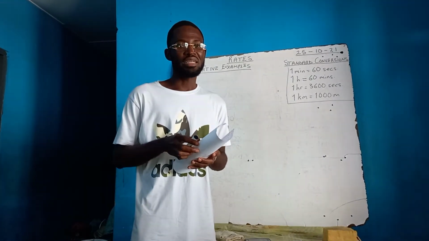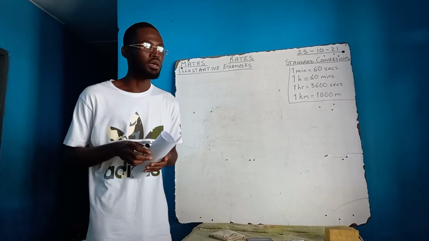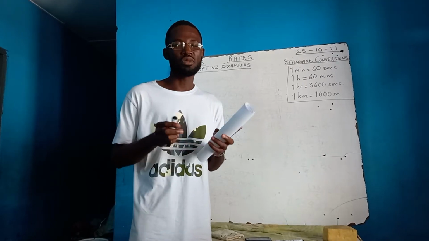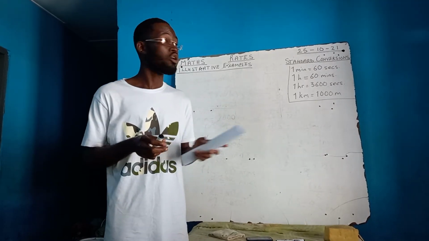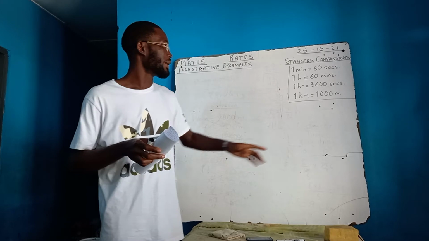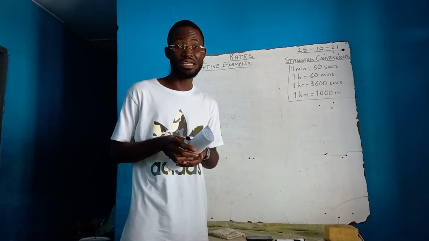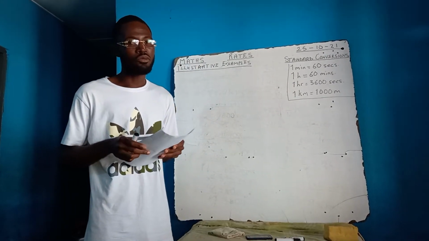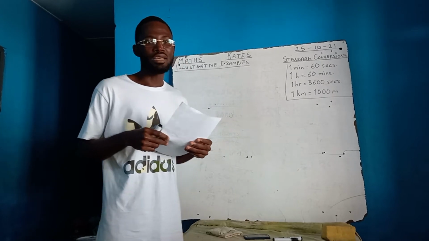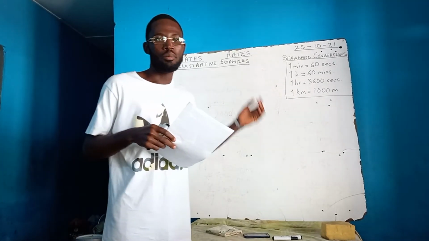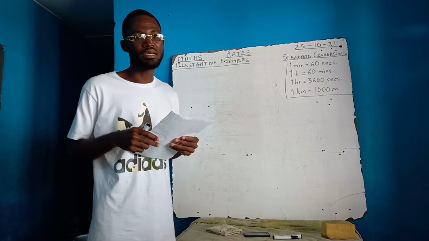So without wasting my time, as usual, I'll read out the example that we'll be tackling in our third lesson on rates, and with the help of our standard conversions as well, we will be wasting no more time in order to get ourselves abreast with this specific example.